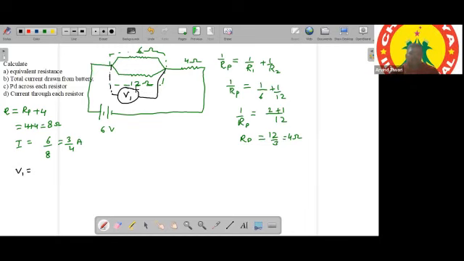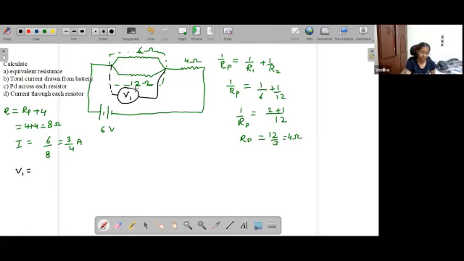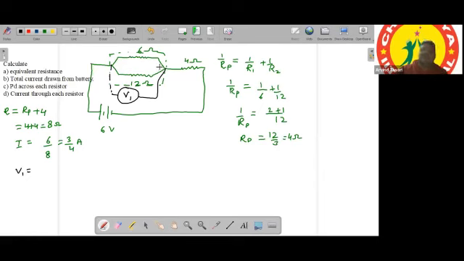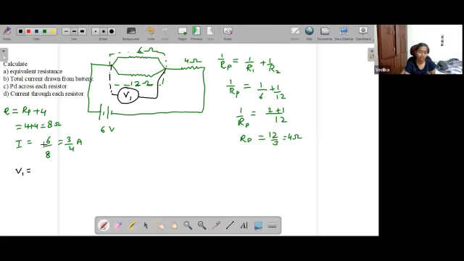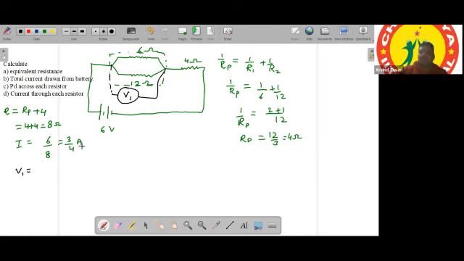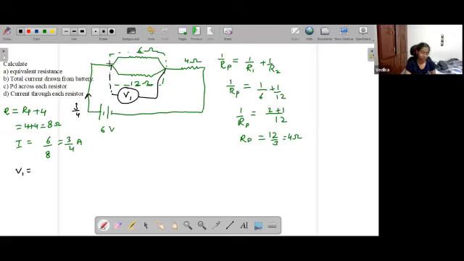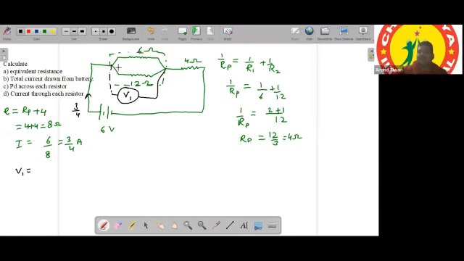What is the total resistance of this? Sir, this is 4 ohms. And what is the total current flowing through it? 3 by 4, sir. So the total current that is flowing through this complete part is 3 by 4. The total resistance it has is 4.